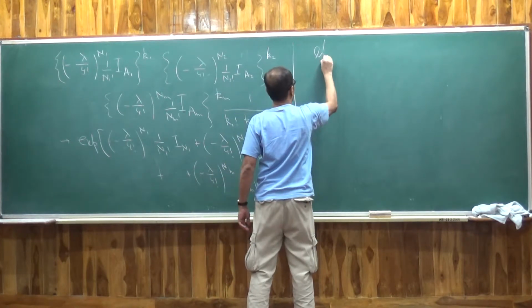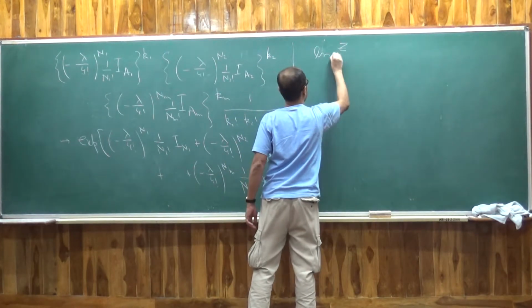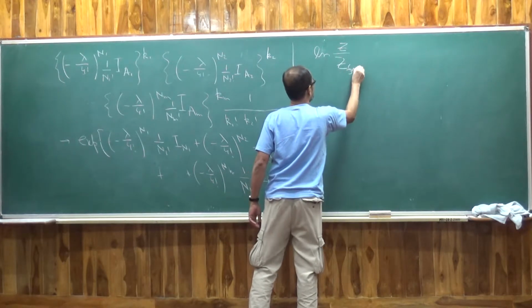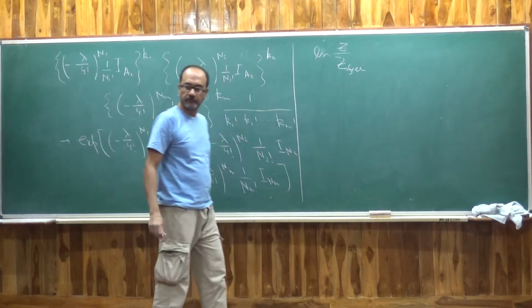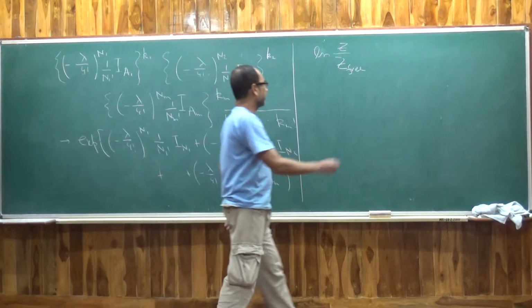So log of Z over Z free is just the sum of our connected bubbles.